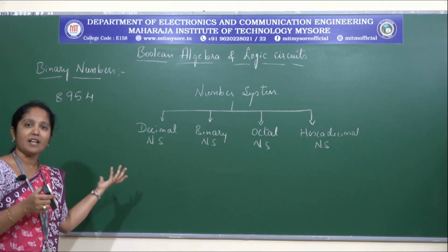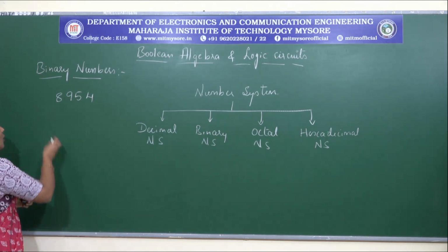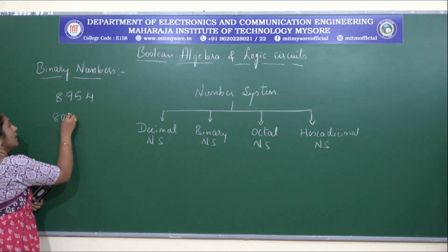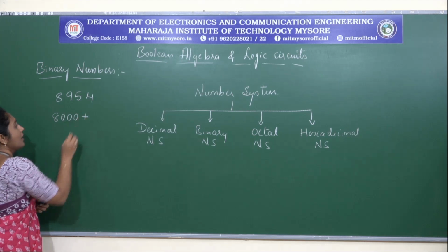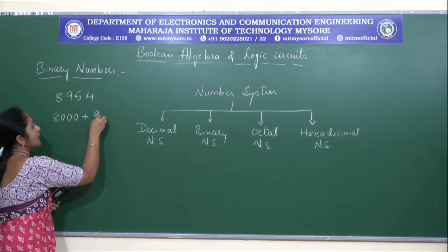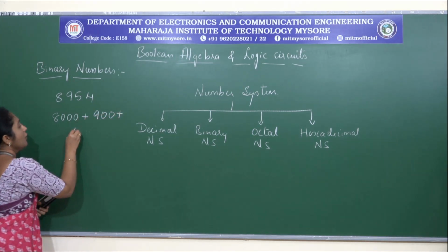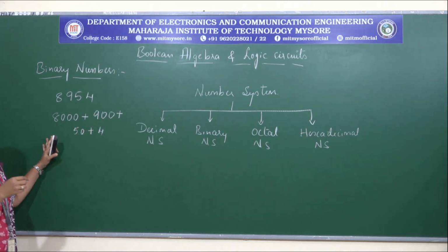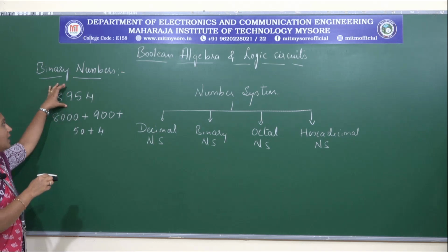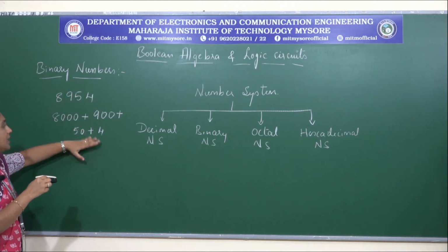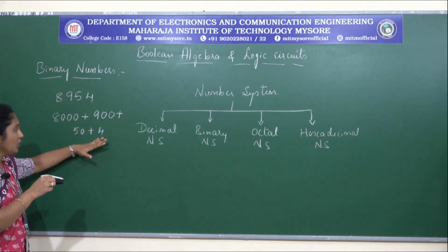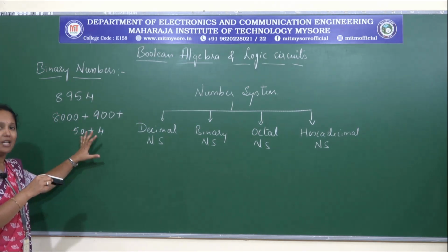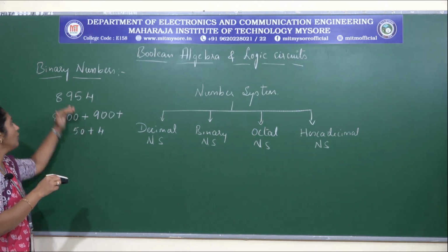If you write the expanded form of this number, how do we write it? This is how the expanded form of this compact number is represented. But usually we never represent any number in expanded form, we usually go for compact form.